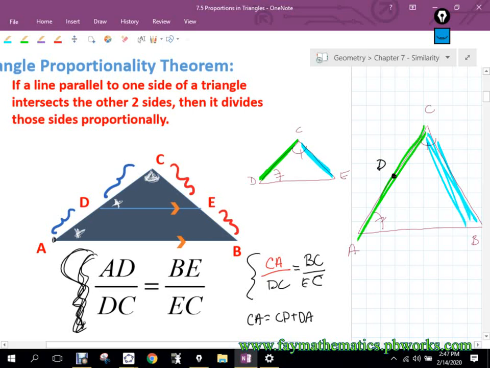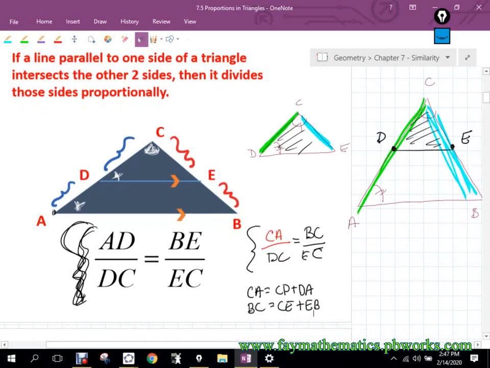Can we say, if I put E right there, okay, so this little triangle right here is this triangle over here. What if C to B, or BC, whatever you want to call it, what if that be CE plus EB? Does that make sense to everyone? Okay. So every time I see CA up here, couldn't I call it that?